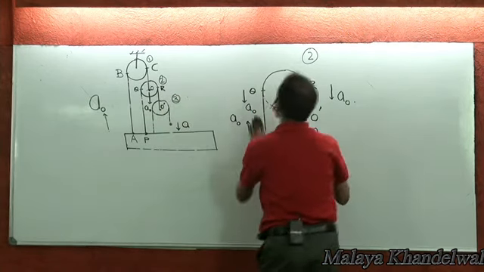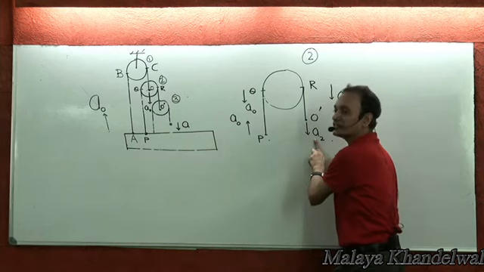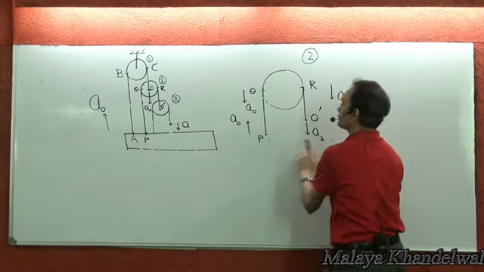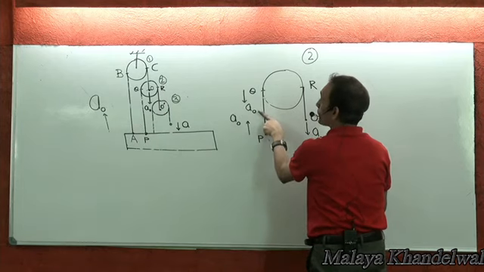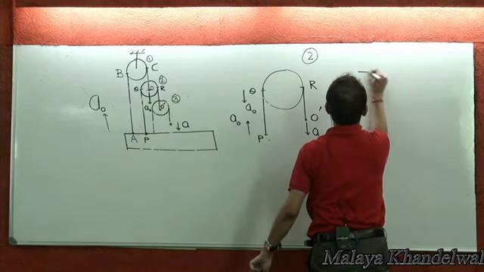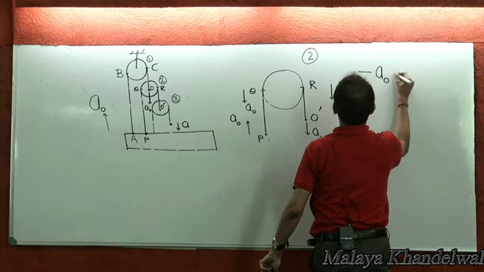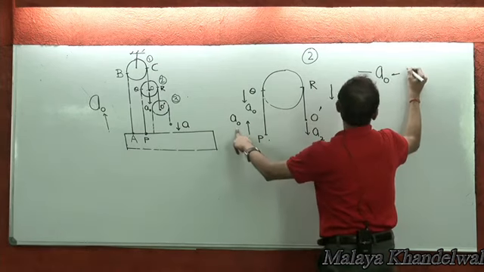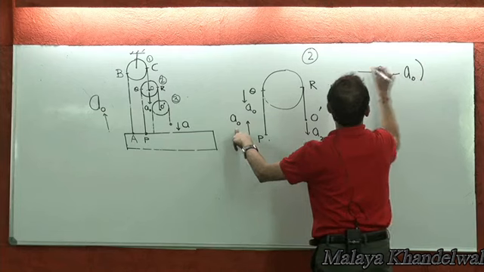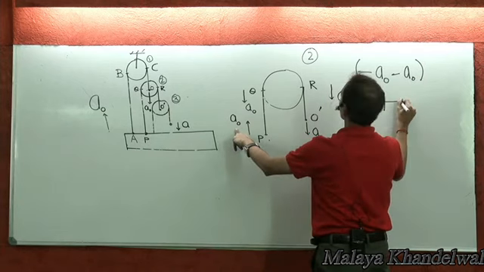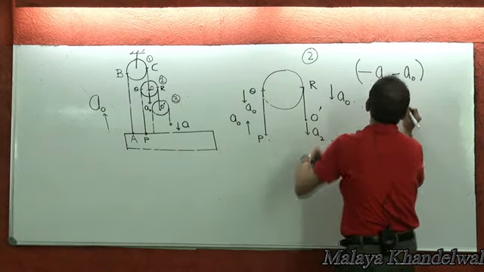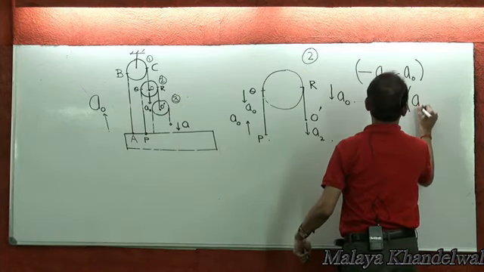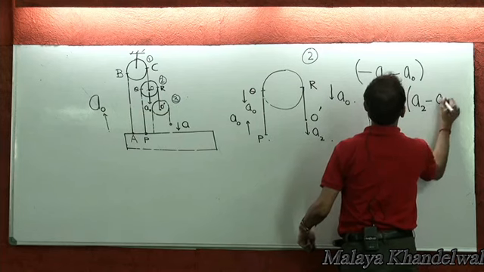Okay. So let me apply the string constraint to obtain the value of a2. Going this way, from P to Q: minus a naught. Do I bother about QR? No. Then from R to O prime: a2 minus a naught.